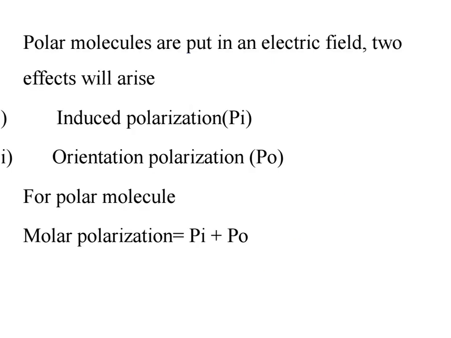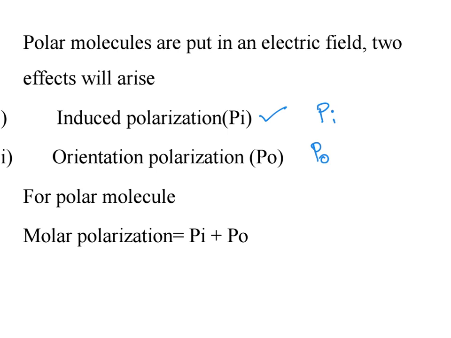When the polar molecule is put in electric field, two effects will be observed. One is induced polarization, which is represented by Pi. P means polarization, I induced polarization, and second one is orientation polarization, Po.